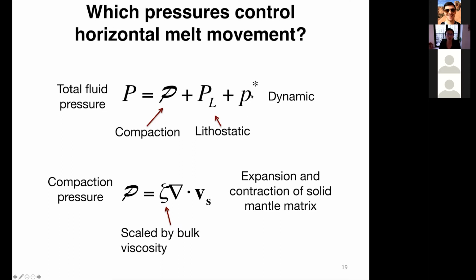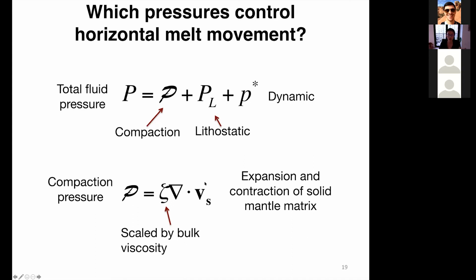Dynamic pressure is essentially what, when you have the solid part being pulled apart, creates a pressure right at the ridge axis. Lithostatic pressure is whatever you have that's piled on top of the point you're looking at. And compaction pressure is the unique term here and is defined at the bottom.